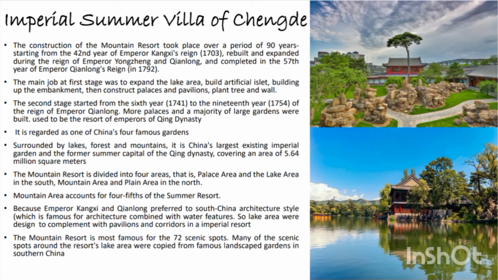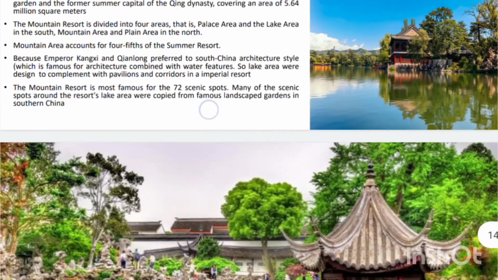Its mountain resort is divided into four areas, which are the palace area, mountain area, lake area, and plain area. The most famous part of this garden is its 72 scenic spots.